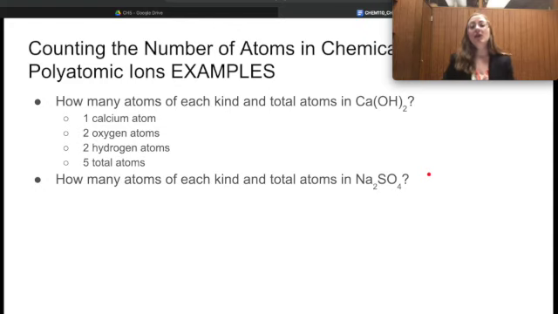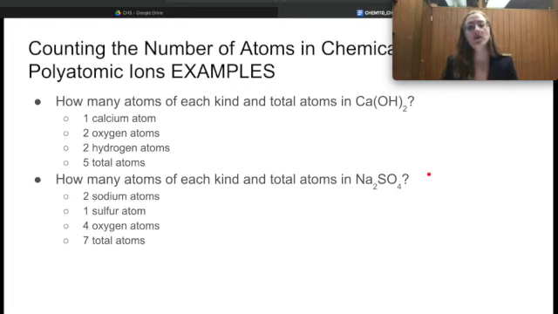So if I have 2 sodium atoms, 1 sulfur atom, and 4 oxygen atoms, I have 7 total atoms in my molecule. You should be able to look at a chemical formula, regardless of whether or not it has a polyatomic ion in it, count the number of each atom, and then total them up to get the total number of atoms in a chemical formula.